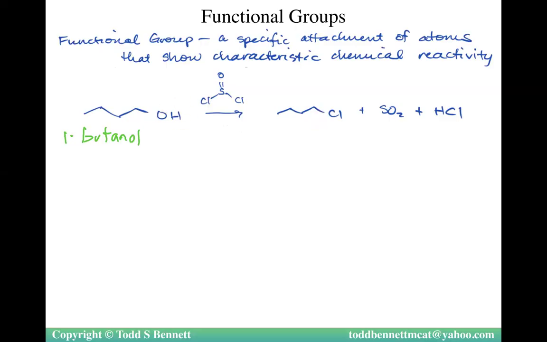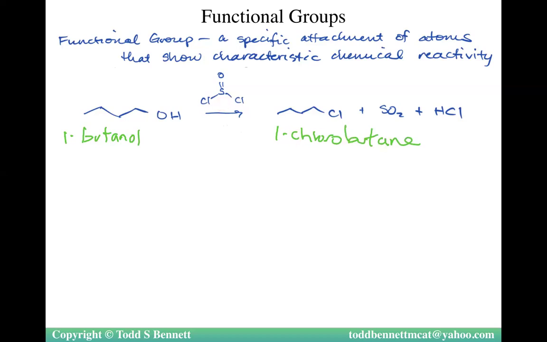group on that. So this is actually, I guess, the first chemical reaction we're going to have in the Toddcast series. And this is the whole reason why we go into specifically the reactivity. So the reaction was 1-butanol reacts with SOCl2 to form 1-chlorobutane.